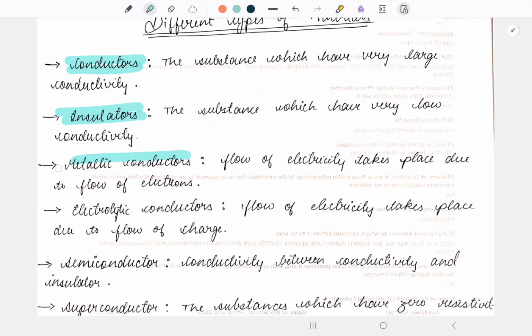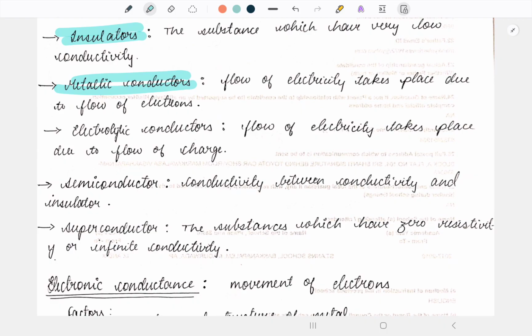Next is the metallic conductors. In metallic conductors, the flow of electricity takes place due to the flow of electrons. That is, no flow of matter, so the matter will not decompose. Due to the vibration of the kernels, the electrical conduction decreases with increase in temperature. Next is the electrolytic conductors.